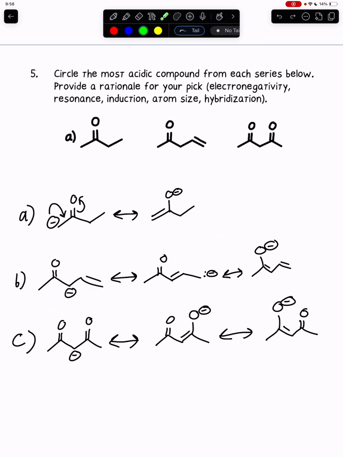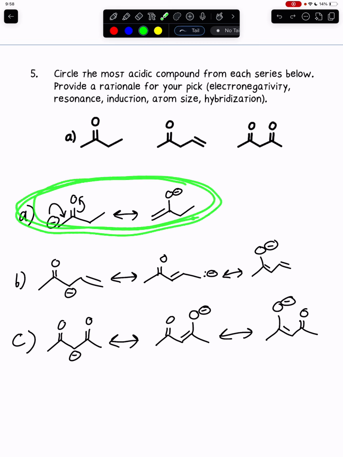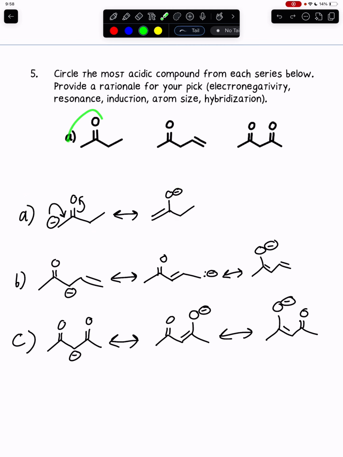They have 3 resonance contributors. This one has 2. So this one has less electron delocalization, which means it's not going to be as stable, which means there's no way this thing can be as acidic. So it's definitely not this structure.